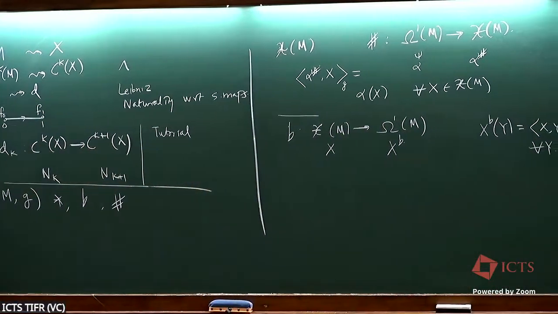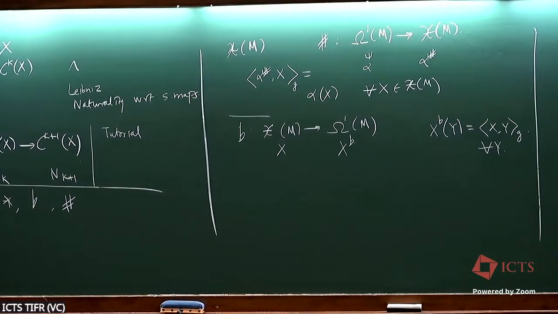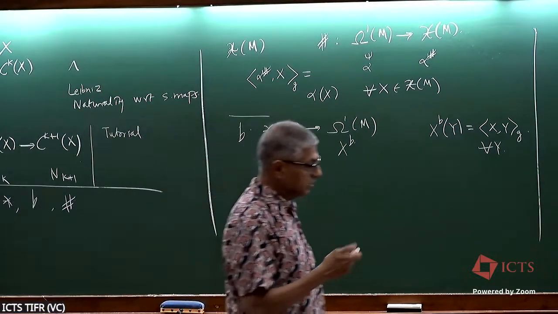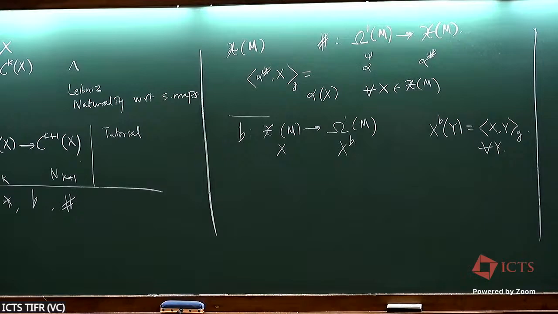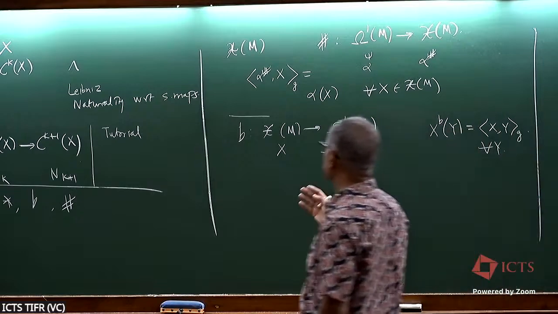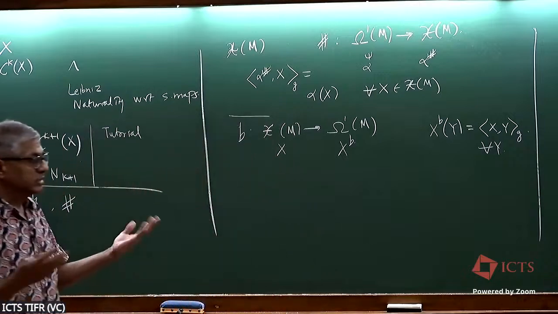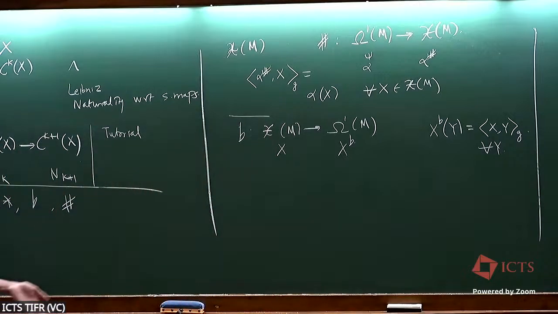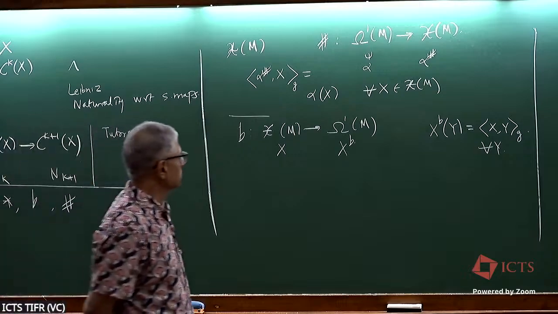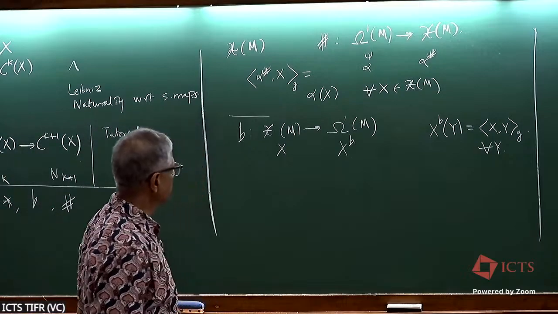The reason I had to introduce this is so that I can talk about inner product of k forms. There's an inner product that's induced on the space of k forms. And you obviously need that if you want to do anything in PDEs. You want to take inner products and integration by parts and things like that.